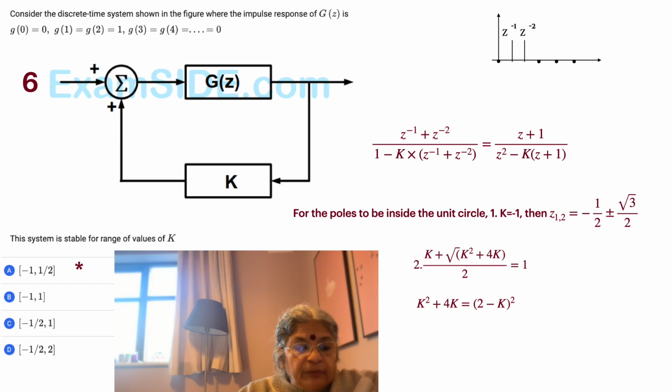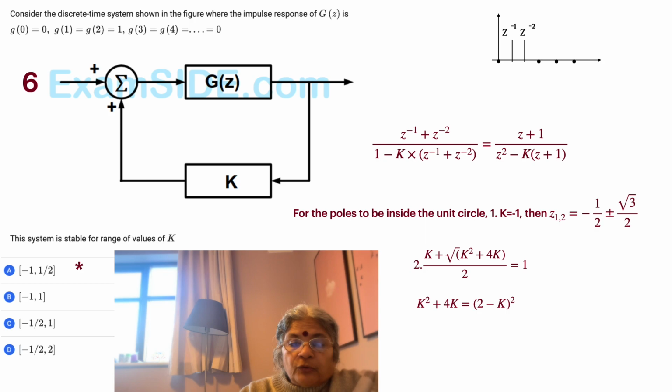And what is the question? The system is stable for what range of values of K. So how do you ensure stability? For discrete time systems, stability is ensured by having the poles of the overall transfer function inside the unit circle. So how can you have it inside the unit circle?